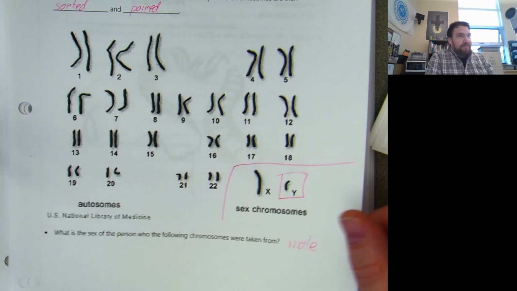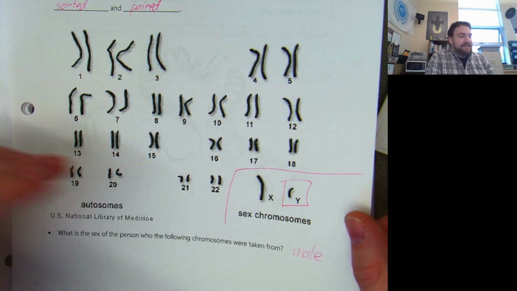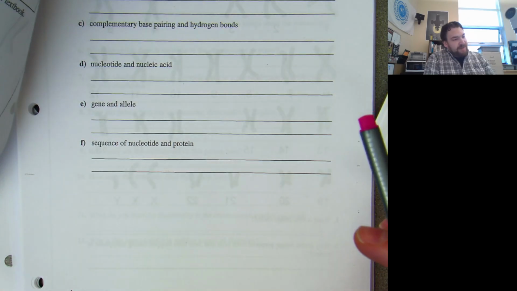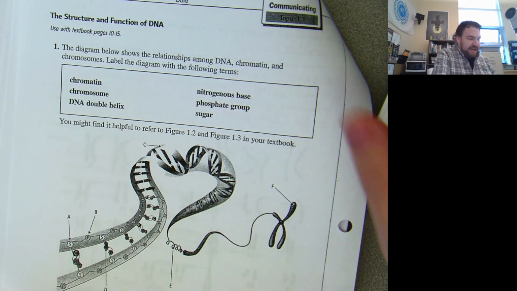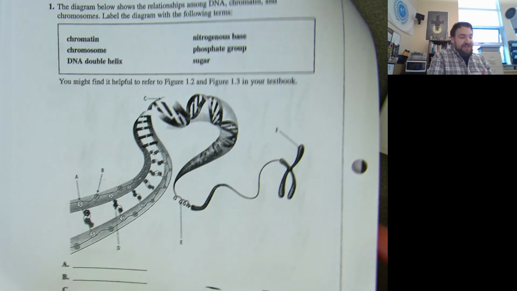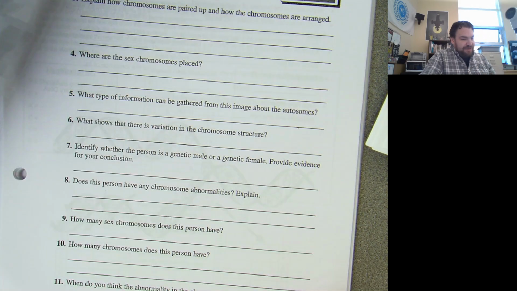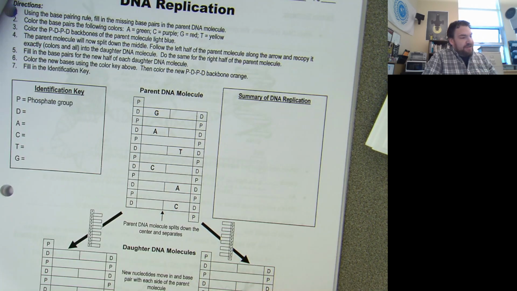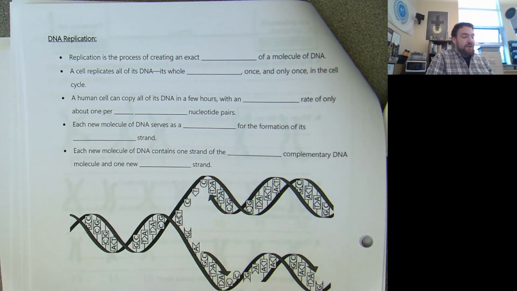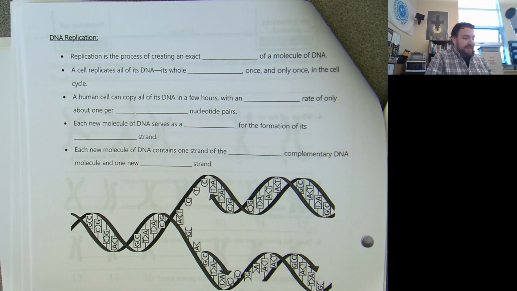So what I'd like you to do is take some time consolidating these ideas. Starting on the next page there's a set of questions. This is the structure and function of DNA, and it starts here, and it goes, and it goes, and it goes, all the way to this page here. This page here is our next set of notes, where we're going to talk about how DNA is replicated.